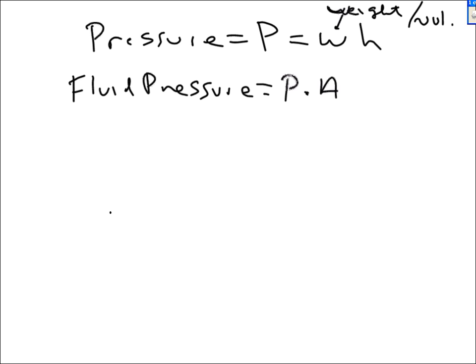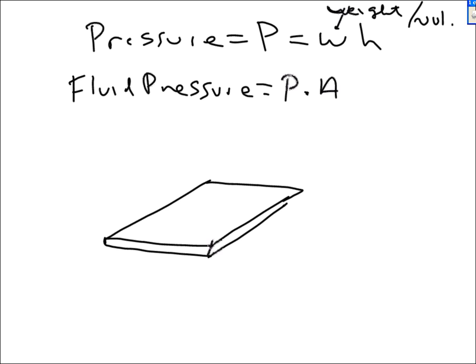So in other words, let me draw this better. You have this rather thin, that's important, you have this rather thin piece of metal submerged in the water. And it is rectangular shape. It is 4 feet by 3 feet. But it is known that it is under 6 feet of water.